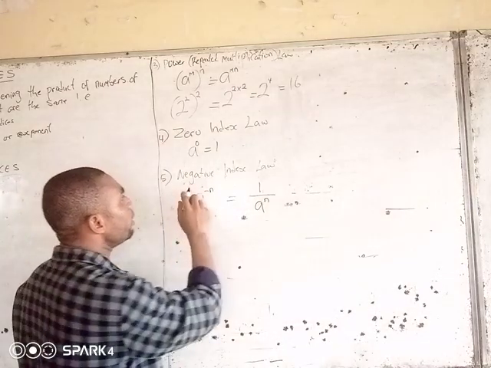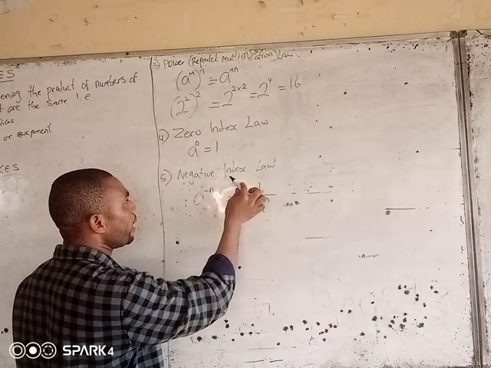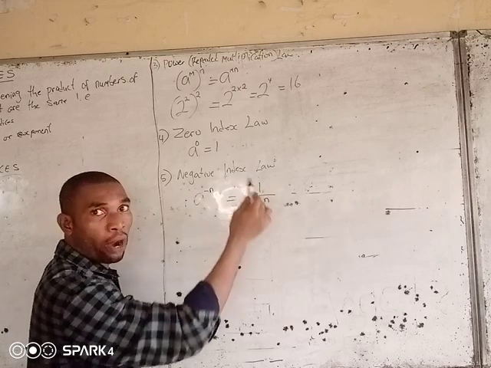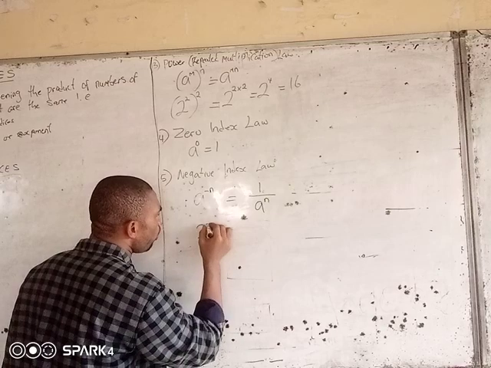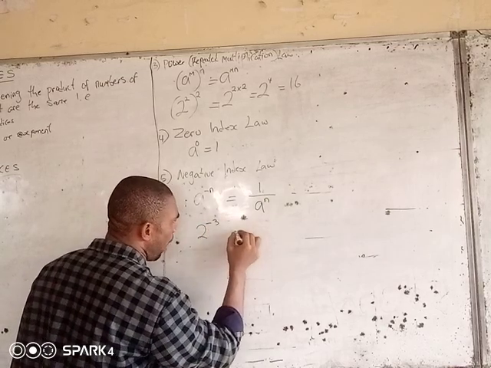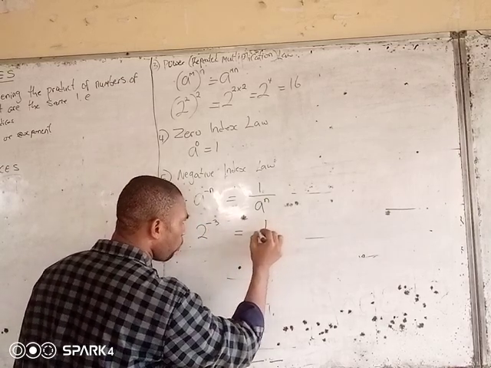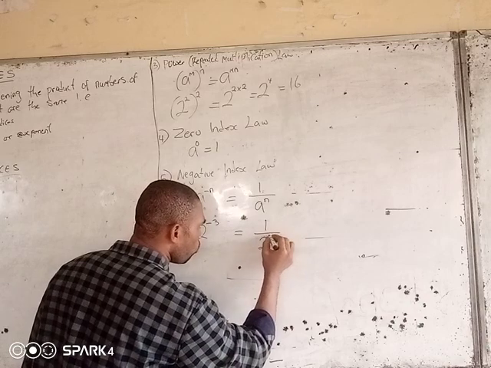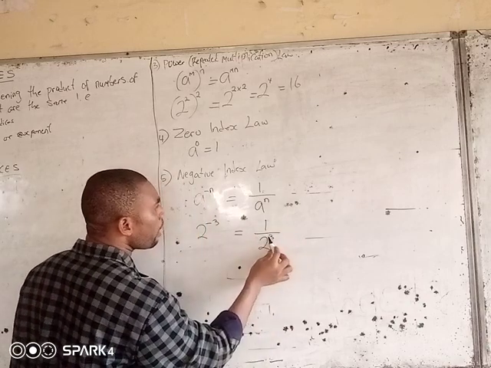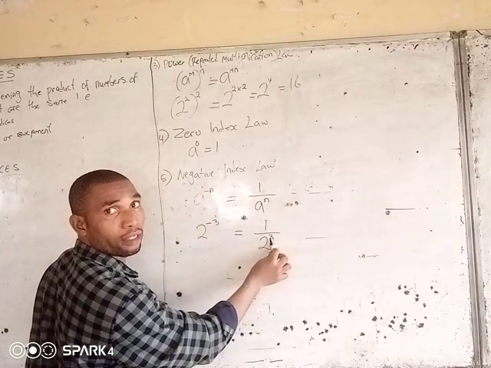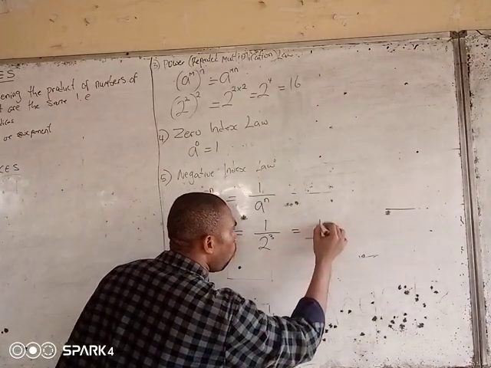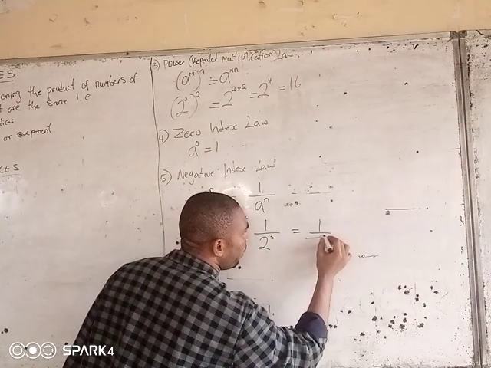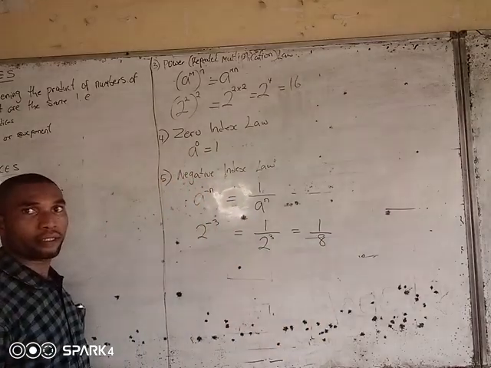Index is another name for power or exponent. For example, if I have 2 raised to power negative 3, my result is simply 1 over 2 raised to power 3. You won't bring out the negative sign again, because we have taken the inverse of it, which gives us 1 over 2 raised to power 3, which is 1 over 8.